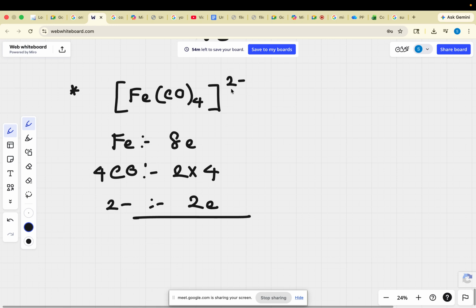If you have a positive charge you have to subtract; if you have a negative charge you have to add. So 8 plus 8, 16, plus 2, 18 electrons. Clear? Done. Yes.